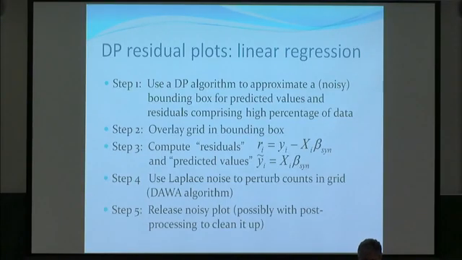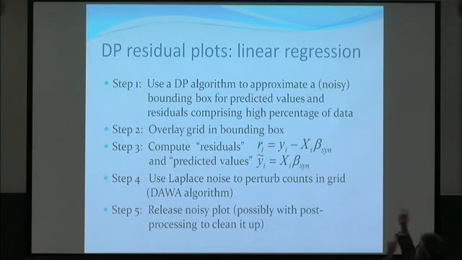Overlay a grid on that box, and compute what I'm calling residuals in quotes, which is basically the true data value minus the true x values times the synthetic or differentially private beta hat that you've got from your algorithm that you think is safe. So I'm calling it residuals because it's not the true residuals; that should be the beta OLS from the original data for a true residual.